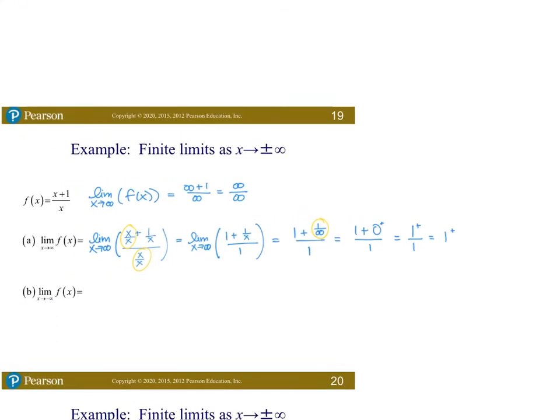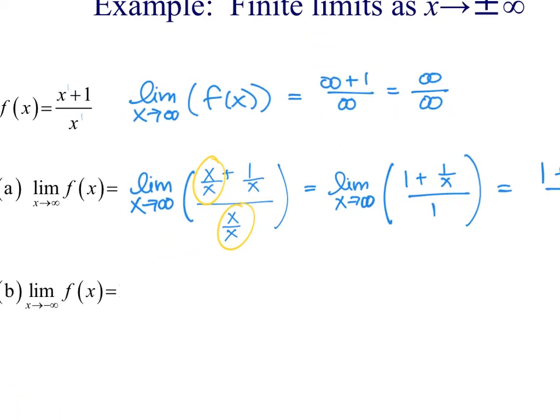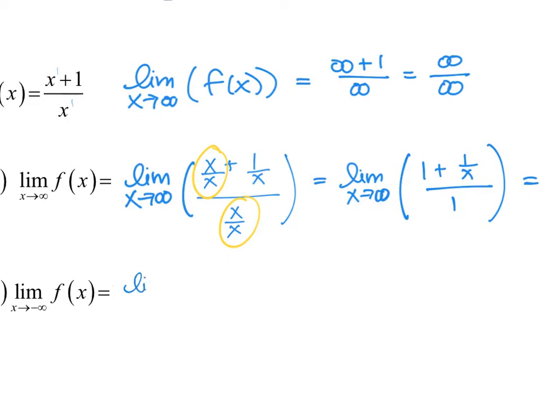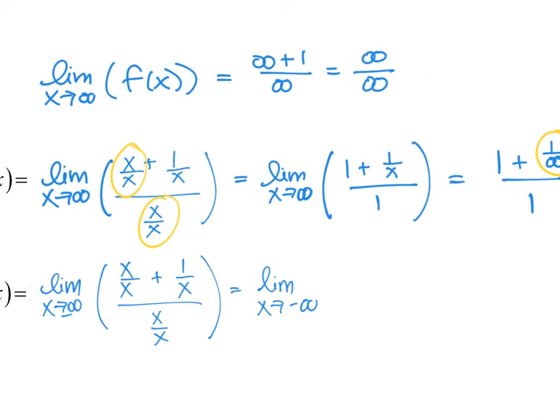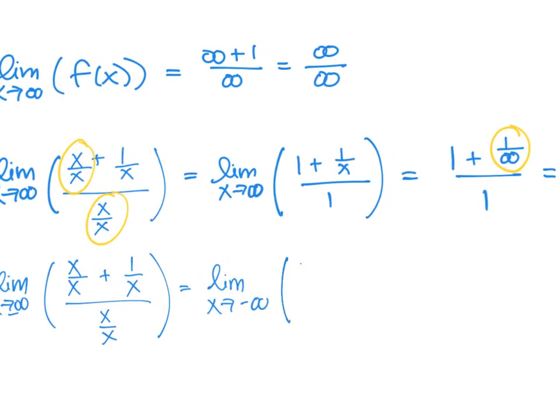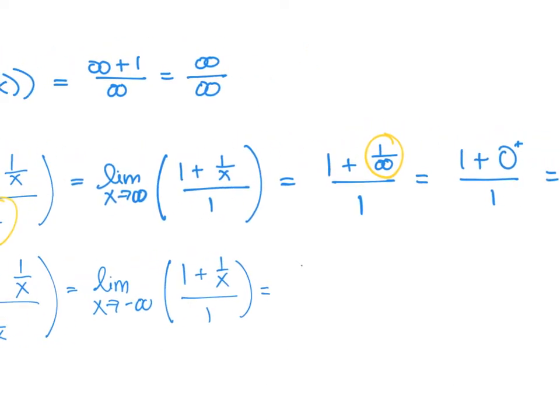It works for negative infinity also. We do the same thing. We'll divide everything by the highest power of x to the 1st, and we reduce. We're approaching negative infinity. I forgot my negative sign here. So I'll have 1 plus 1 over x over 1, and I'll drop negative infinity into this question.